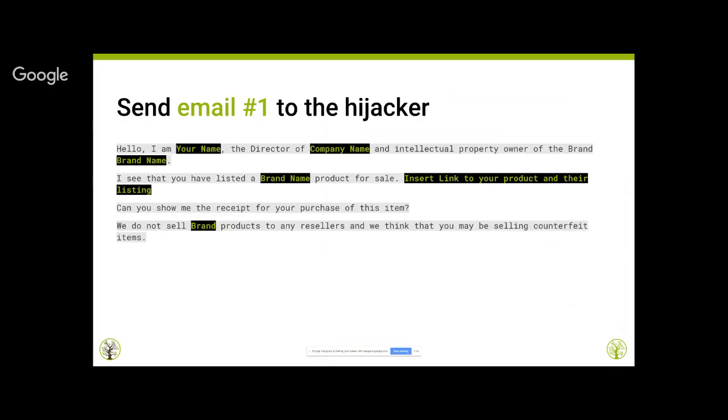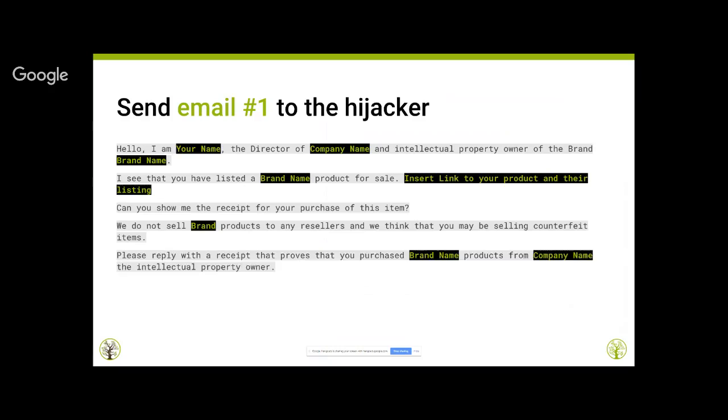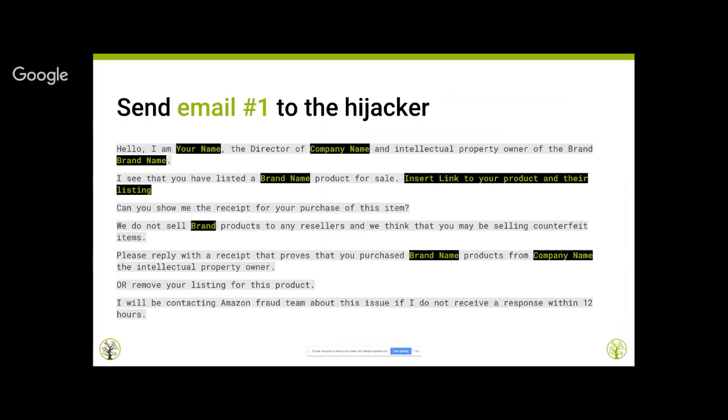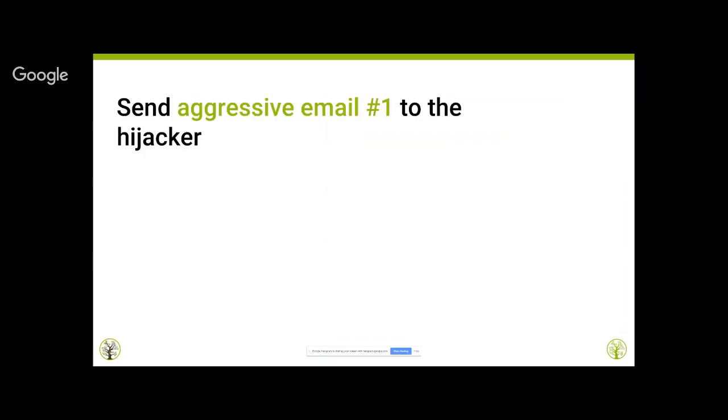We don't sell our branded products to resellers, and we think you're selling counterfeits. Please reply with a receipt that proves you purchased these branded products from our company, the intellectual property owner. Or you can remove your listing for this product. I'll be contacting Amazon's fraud team if you don't respond within 12 hours.